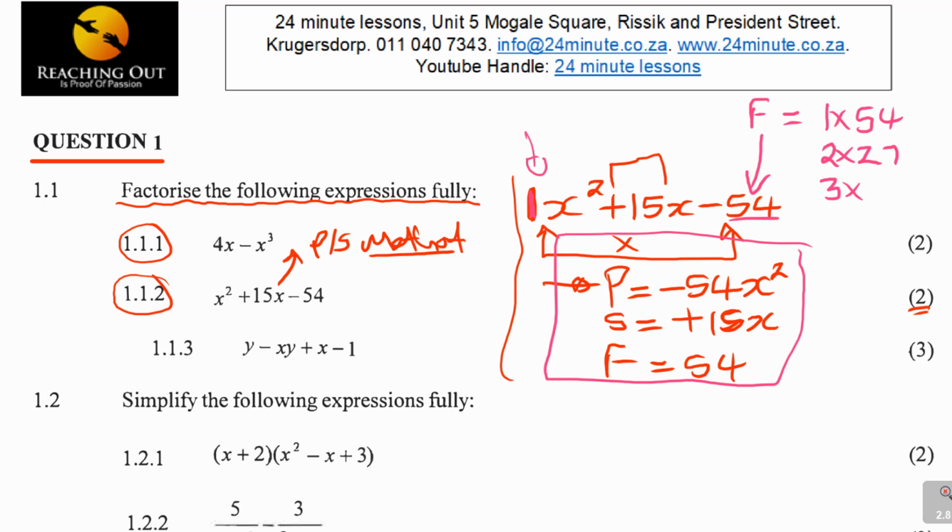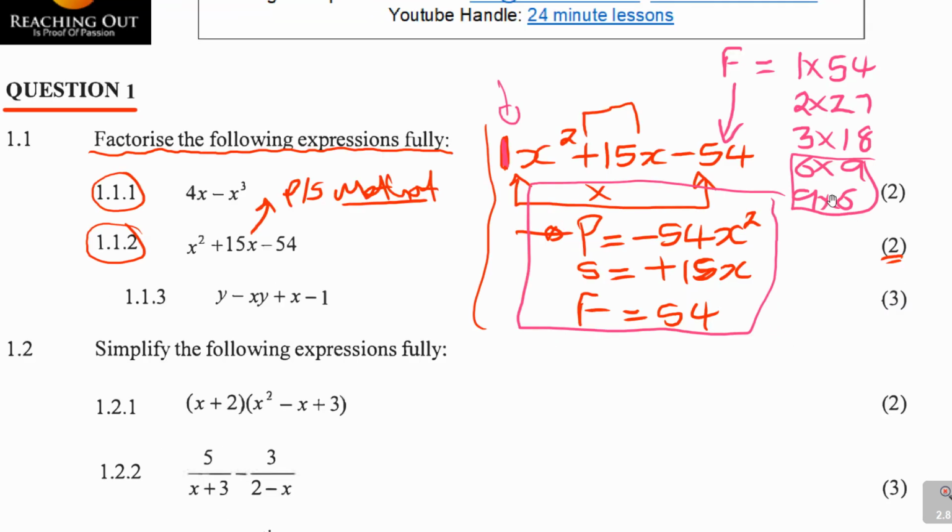So it's 3 times 18, and then 4 won't do, and 5 won't do, and then 6 times 9, 7 won't do, 8 won't do. What is 8 times 7? It is 56. Then 9 will do, so it's 9 times 6. The moment I repeat the numbers, you must know that it is in a way the end of the factors.